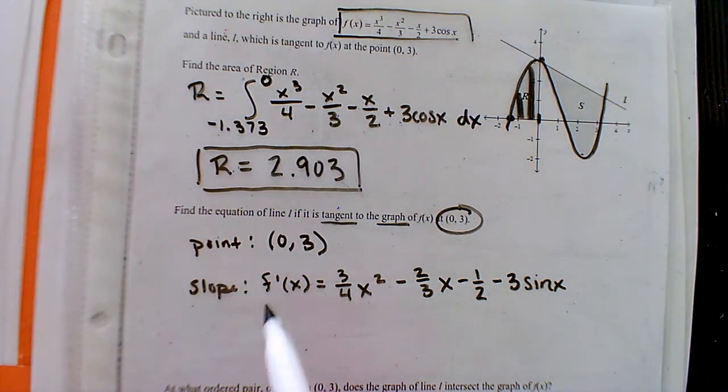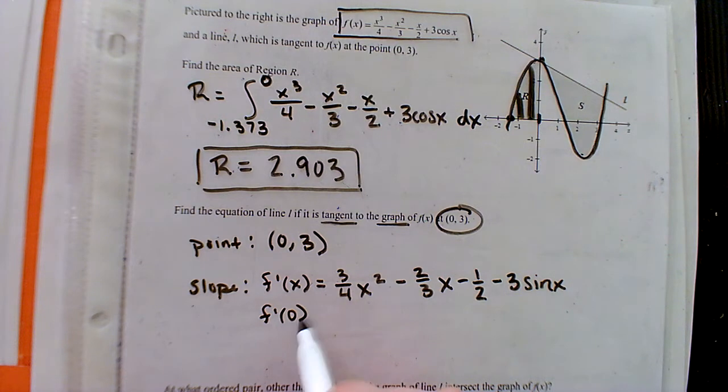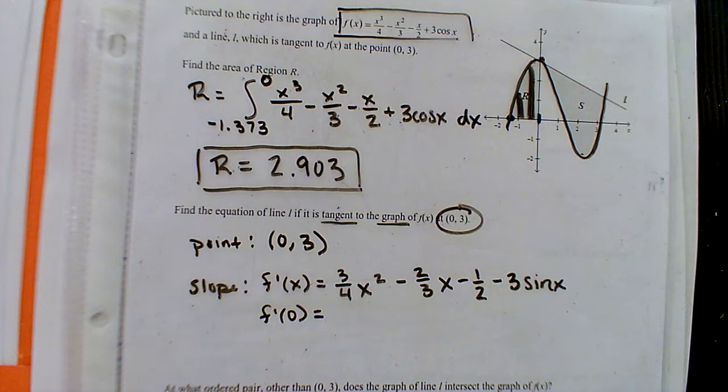All right, so let's go ahead and plug in 0 for all those x's. We could probably do this in our heads. The first x goes away, the second x goes away.